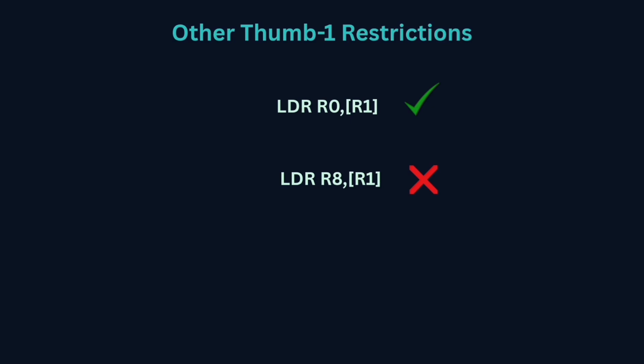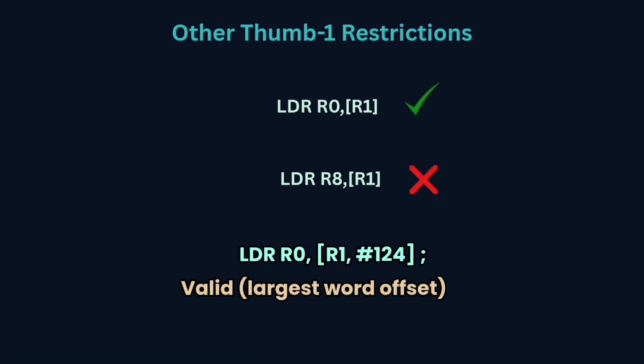General Thumb-1 load and store instructions operate only on the low registers, which are R0 through R7. High registers, that is R8 through R15, cannot be used with these general Thumb-1 load store instruction encodings. Thumb-1 also uses smaller immediate fields than ARM, which further limits the range of offsets that can be encoded.